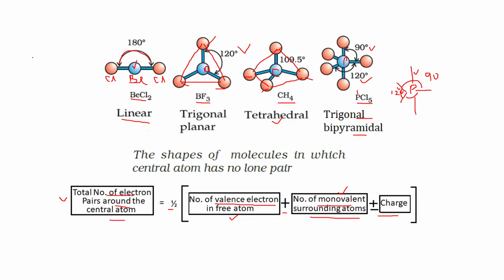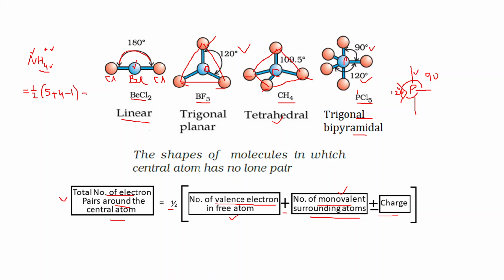For example, NH4 plus, what is its shape? If we apply the formula, how can we find the total number of electron pairs? In this case, the central atom is nitrogen. If nitrogen is free, it has 5 valence electrons. So half of 5, plus the monovalent surrounding atoms, which are 4, and there is one positive charge, so minus 1.